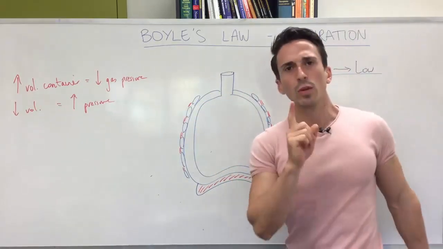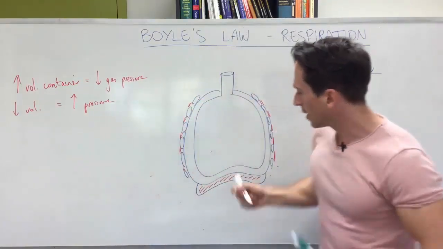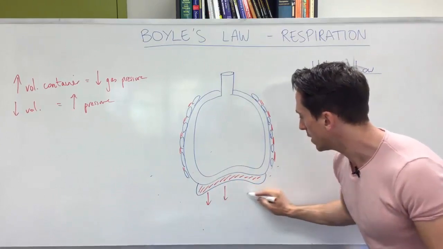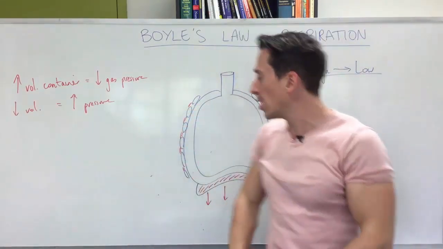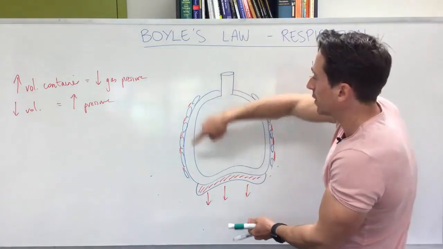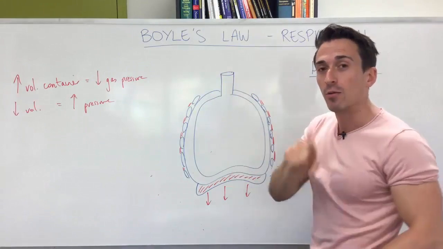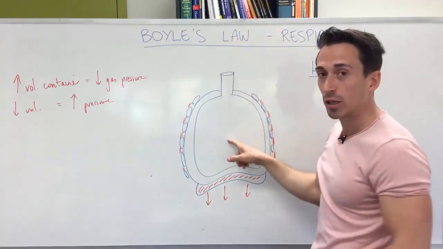Now, when you take a breath in, what's actually happening is that the diaphragm contracts and moves down, because it's this dome shape. As that diaphragm contracts and moves down, it increases the volume of this thoracic cavity. Now remember Boyle's law, as you increase the volume, you're going to decrease the pressure.